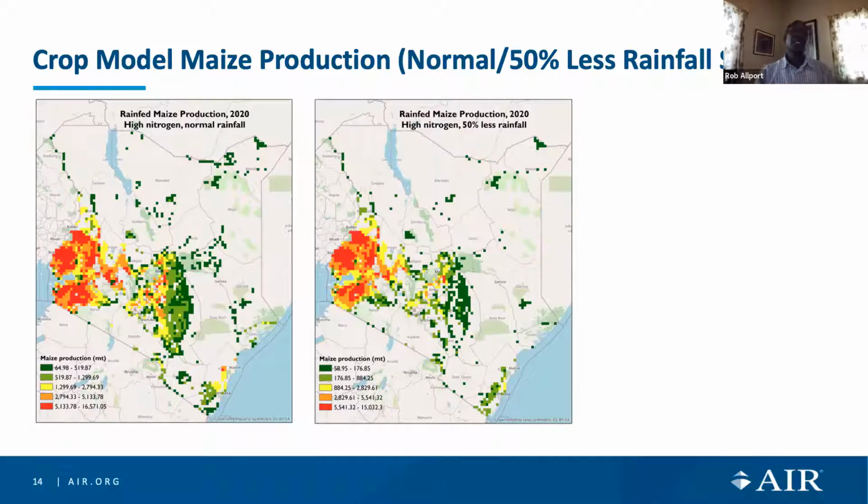So here we are showing the output of the crop model that has been run in Kenya using a variety called hybrid 625. The hybrid 625 at least covers many of the regions that have been identified by KALRO, or Kenya Agricultural Research Institute, that define the country depending on how the seed should be targeted.